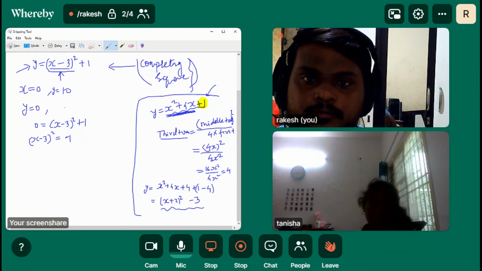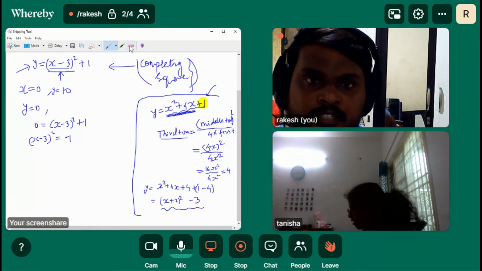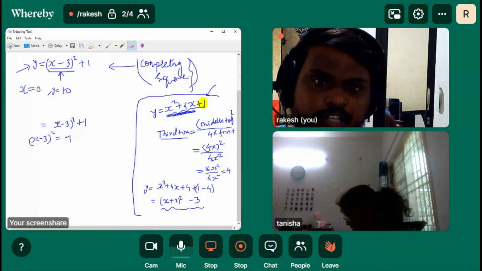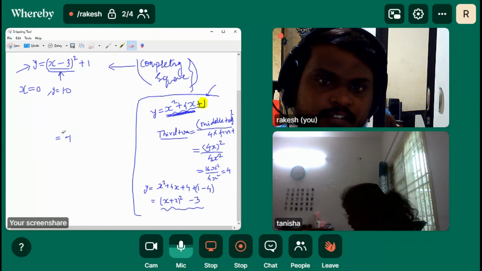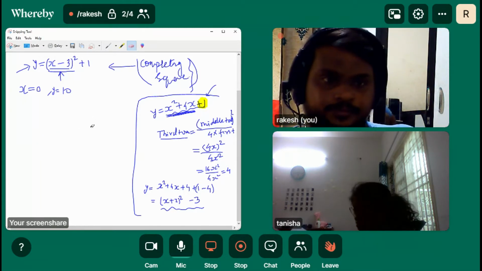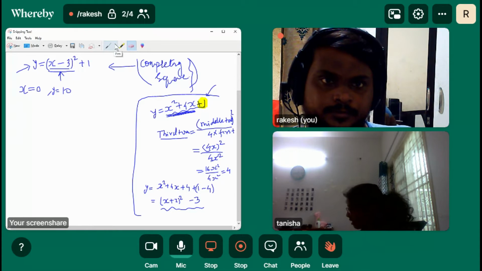Yeah, so there is no y is equal to 0. Let me check the answer. We are not getting real values, so there is no x intercept here. In the answers, it says x is equal to 3.